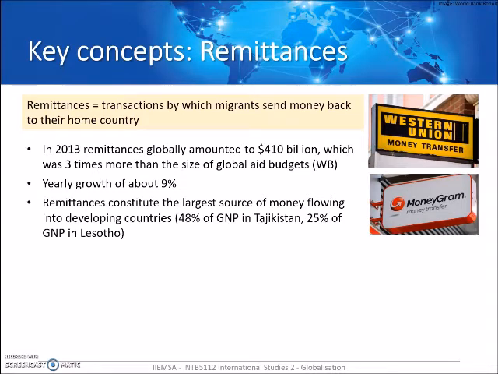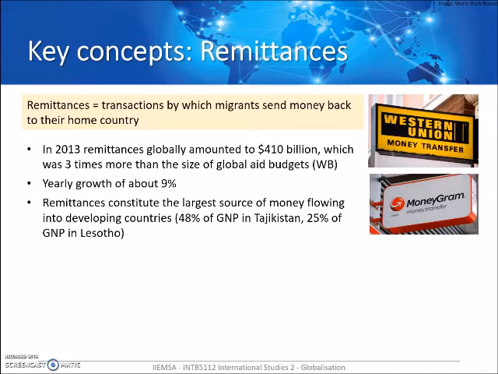And for some countries, remittances are literally the largest source of income. So for example, Tajikistan, almost half, 48% of the GDP is remittances. In Lesotho, it's 25% of the country's income that is made up from money that migrants send home to their families, right? So these are massive amounts of money that travel around the world as remittances.